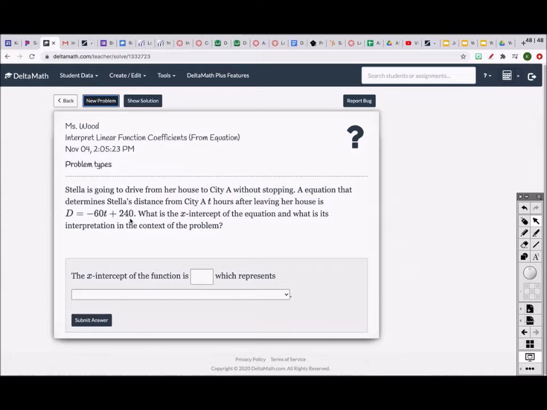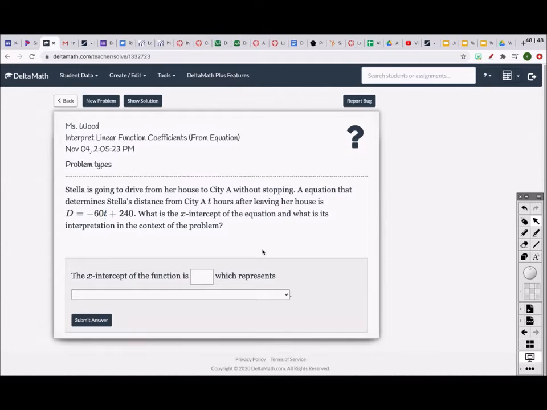So 240 tells me how far away I started, because it says it's the distance, and t is hours. So I know that I'm getting 60 miles closer every t hours, because I started 240 miles away.